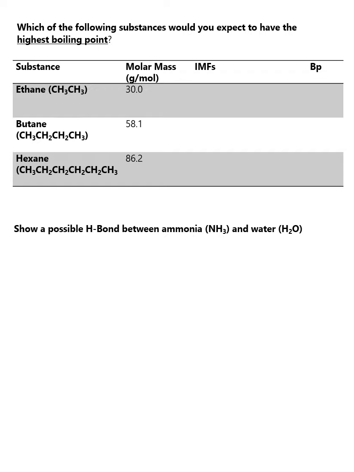Now in this table here, we're looking again for the highest boiling point just based on intermolecular forces. If you check the compounds that you have listed here, ethane we already did. Butane and hexane. If you check your compounds, they look similar. You have carbon and hydrogen for all three of them.